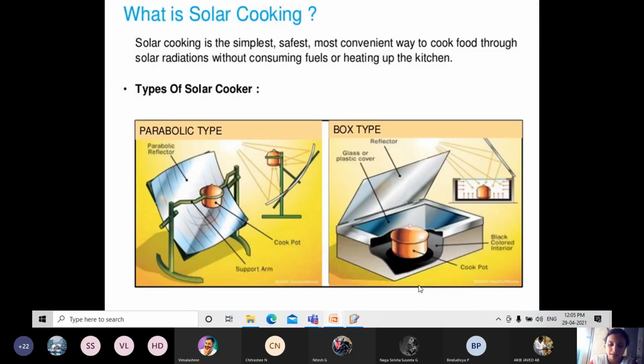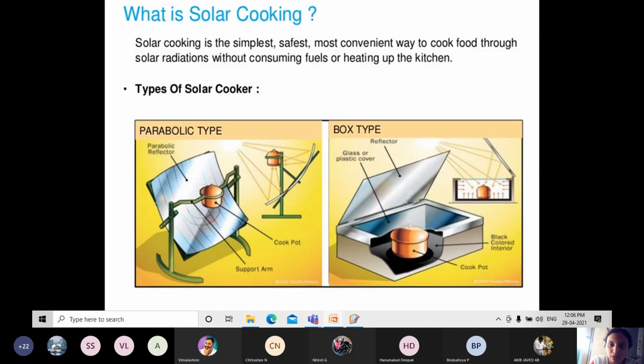Solar cooking boxes. You can observe the box type here: reflector, glass or plastic cover, black colored interior, and cooking pot. The cooking pot is well insulated with a double glass lid, and it is also covered with a reflector on the inside.